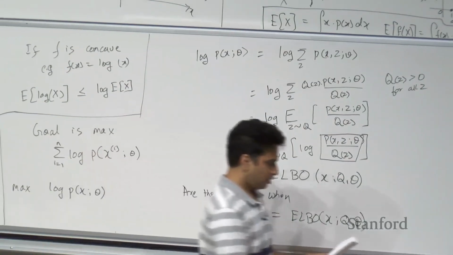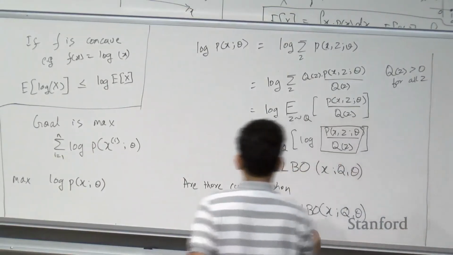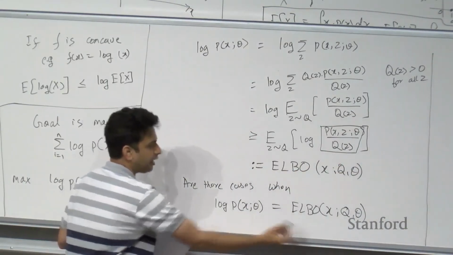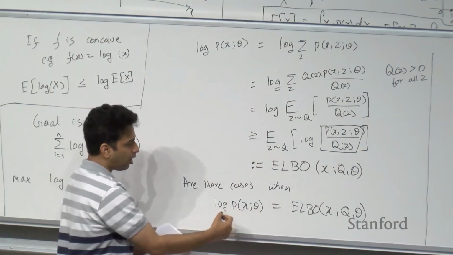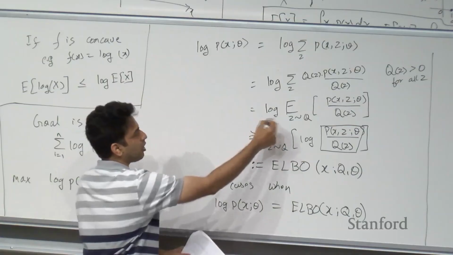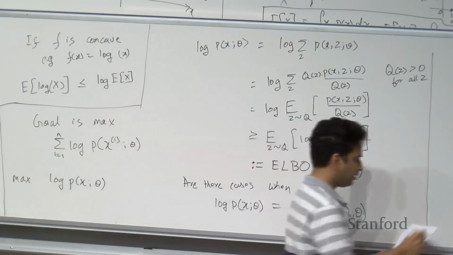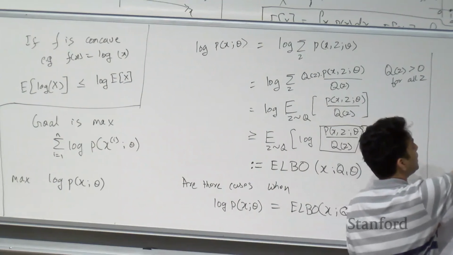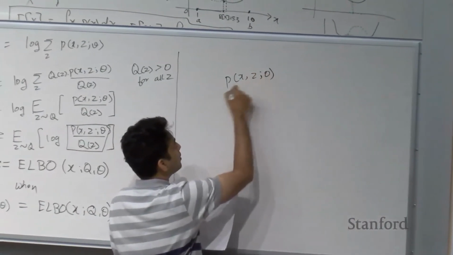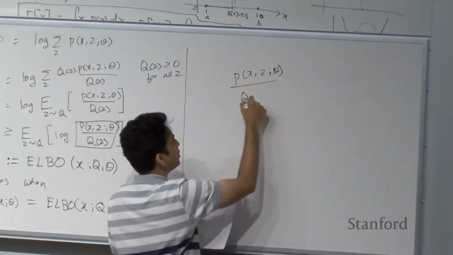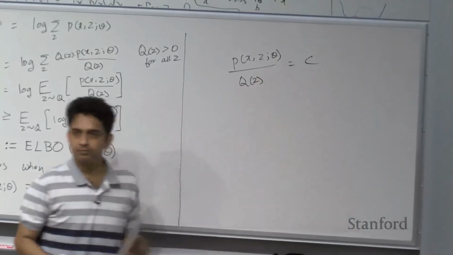So the question now is, in order to make this inequality an equality, because log is strictly concave, the inequality becomes an equality if and only if p of x comma z theta over q of z equals some constant c.